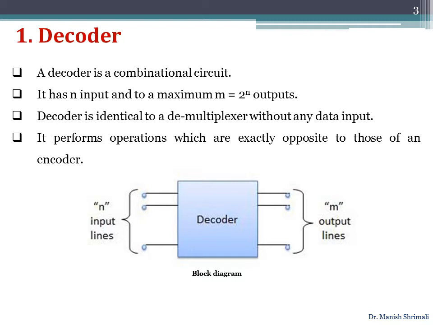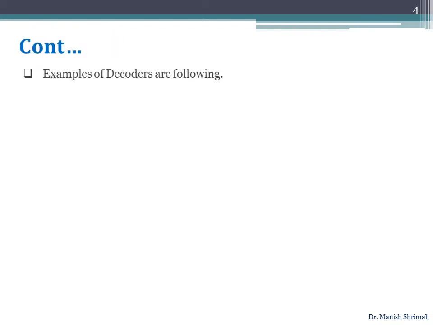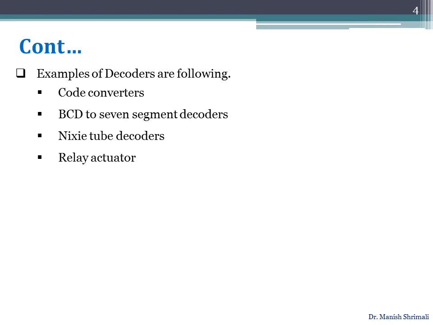This is the block diagram of the decoder, in which you can see that there are n input lines with m equals 2 raised to n output lines. Next, the various examples of decoders are code converters, BCD to 7 segment decoders, Nixie tube decoders, relay actuator.